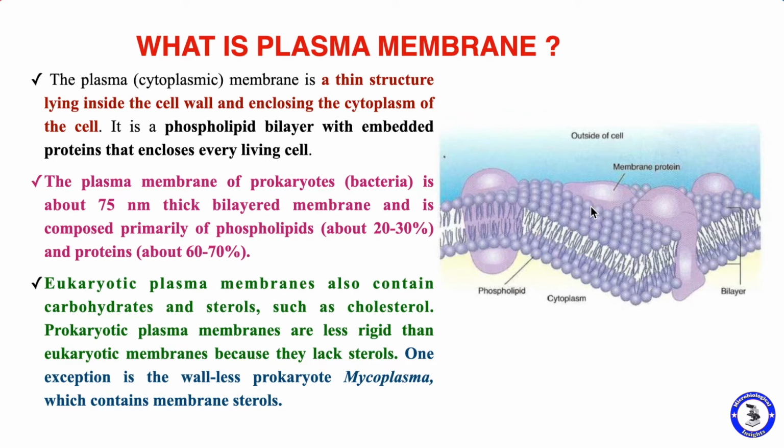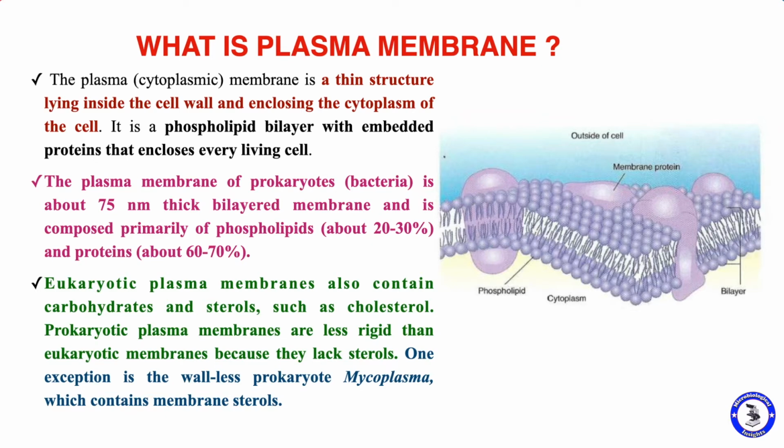When we look at the prokaryotic plasma membrane, the thickness is about 75 nanometers, and it consists primarily of about 20 to 30% phospholipids and about 60 to 70% proteins.